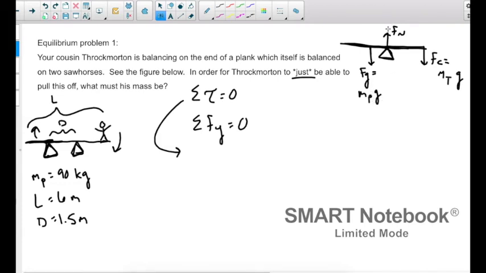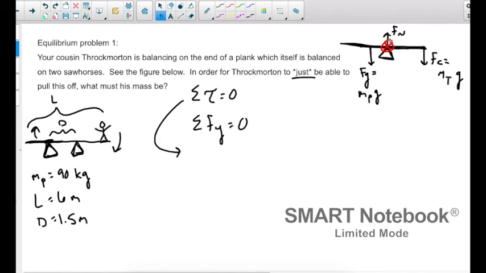So where would we want to set our axis of rotation that's convenient for us? We have an infinite number of possibilities. I could set my axis of rotation at any point along the plank, but I want to choose a convenient location that gets rid of some variables that I don't need. Well, it looks to me like I can set the axis of rotation right here where the sawhorse is. I can set the axis of rotation there.